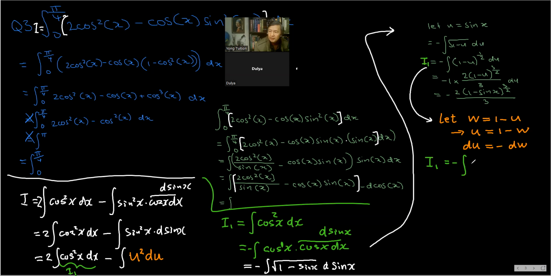And then the first part will become square root w now, and du will become negative dw. Can you follow me? Negative, negative, positive. That became w to the half dw. Then we follow this idea that it becomes w to the 3/2, times 2 divided by 3.